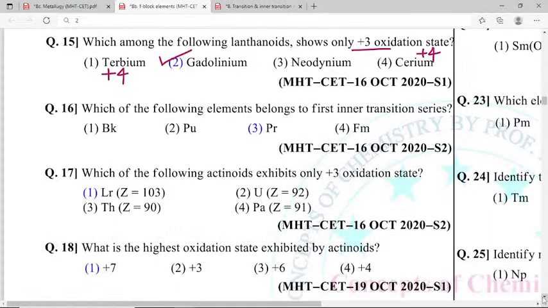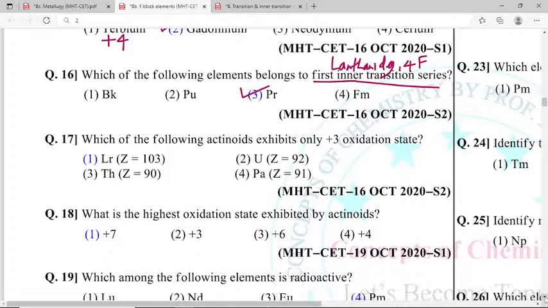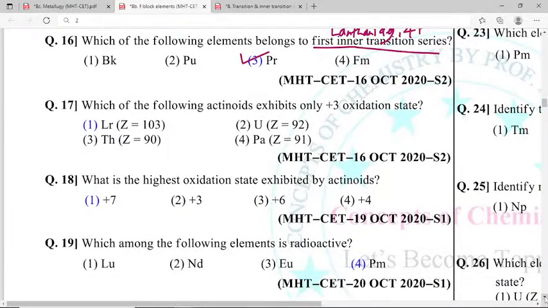Which of the following elements belongs to the first inner transition series? First inner transition series is lanthanides, the 4f series. Pr, praseodymium. Which of the following actinoids exhibits only the +3 oxidation state?